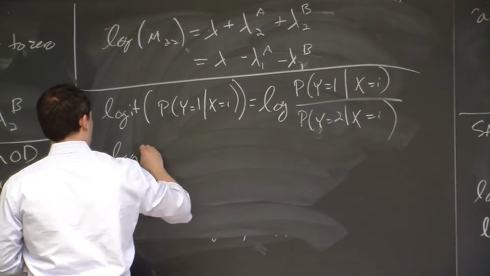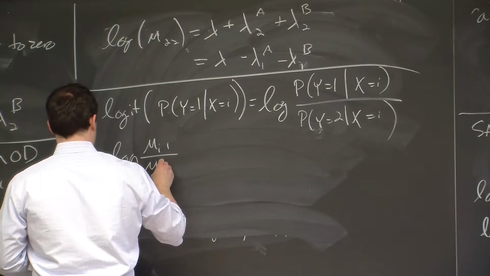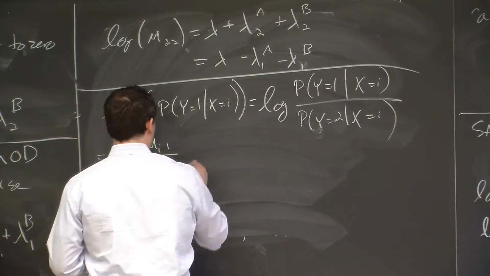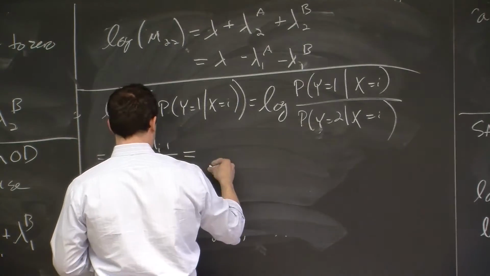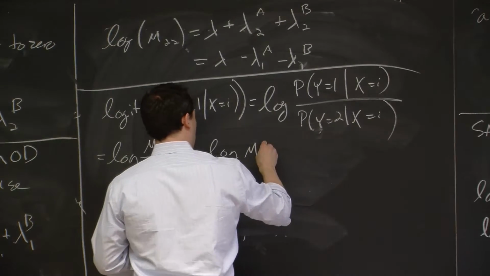So that works out to be log mu i1 over mu i2, the corresponding thing. That's the difference of these logs.